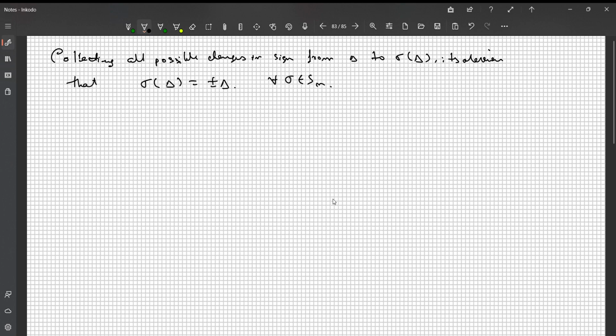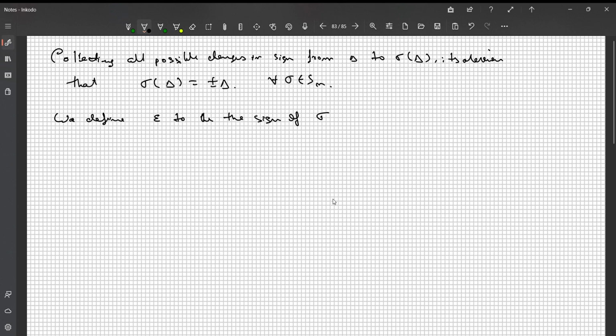Clear? Got it? Sigma delta is nothing but plus minus delta. And this happens for all sigmas in Sn. Because sigma was chosen arbitrarily, so this is obviously possible for all such permutations.